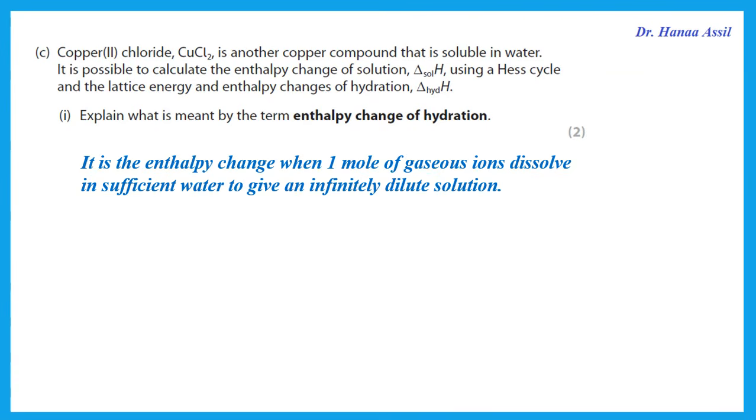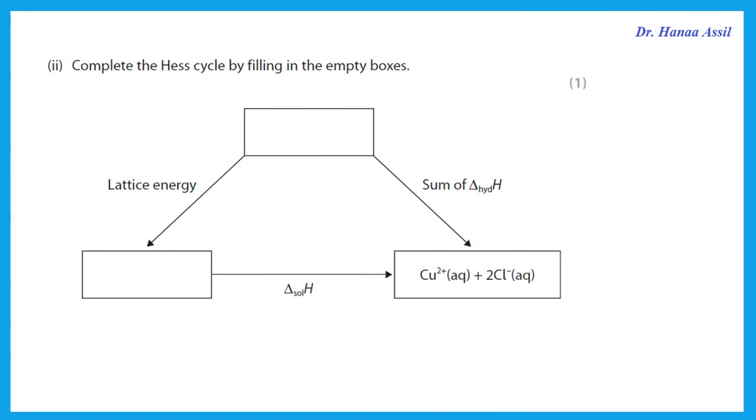Remember, enthalpy change of hydration is the enthalpy change when 1 mole of gaseous ions dissolve in sufficient water to give an infinitely dilute solution. So basically, we have gaseous ions forming an aqueous solution. The delta H for that would be the delta H of hydration.